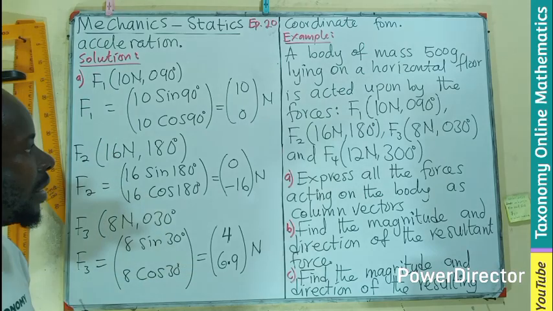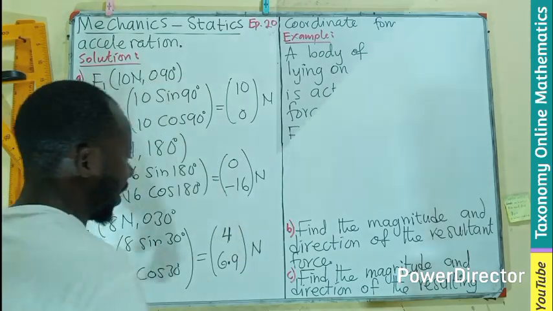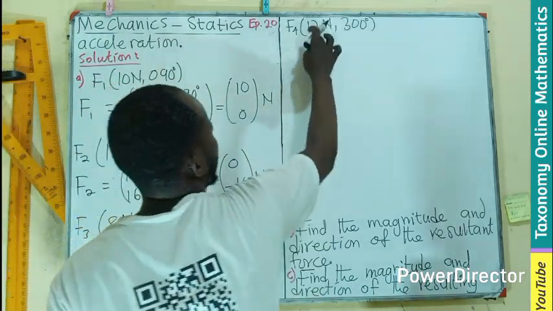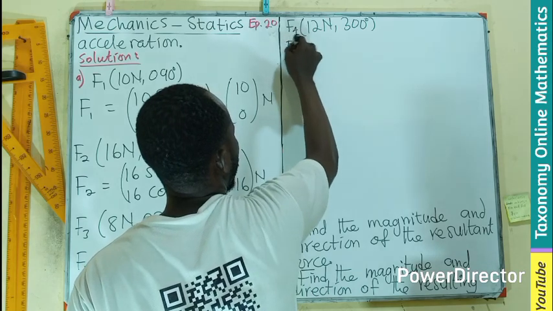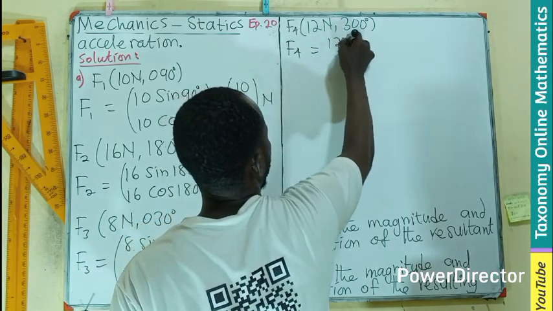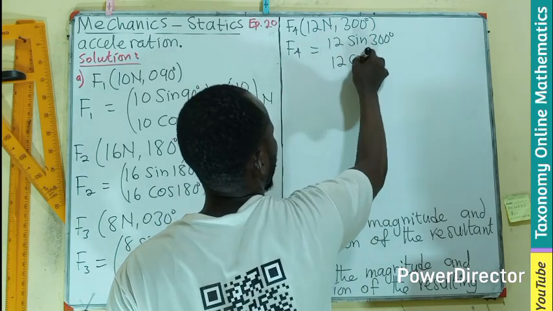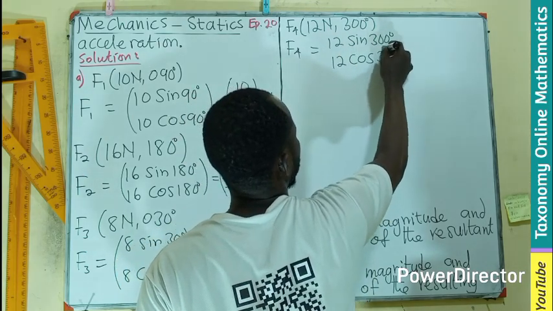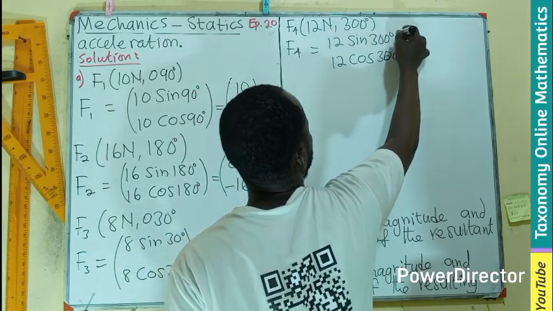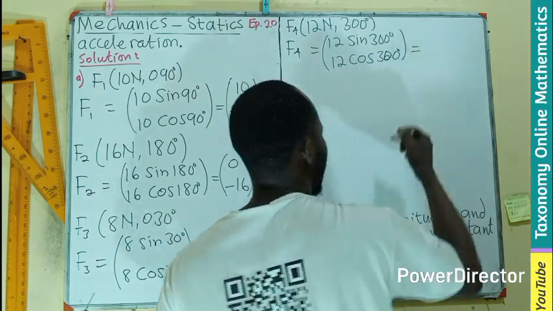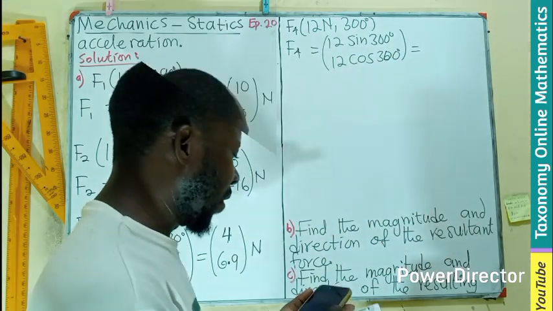Let's take the fourth one. The fourth one will be F4: 12 sine of 300 degrees, 12 cos of 300 degrees. You put this in the calculator directly and see what that gives us.